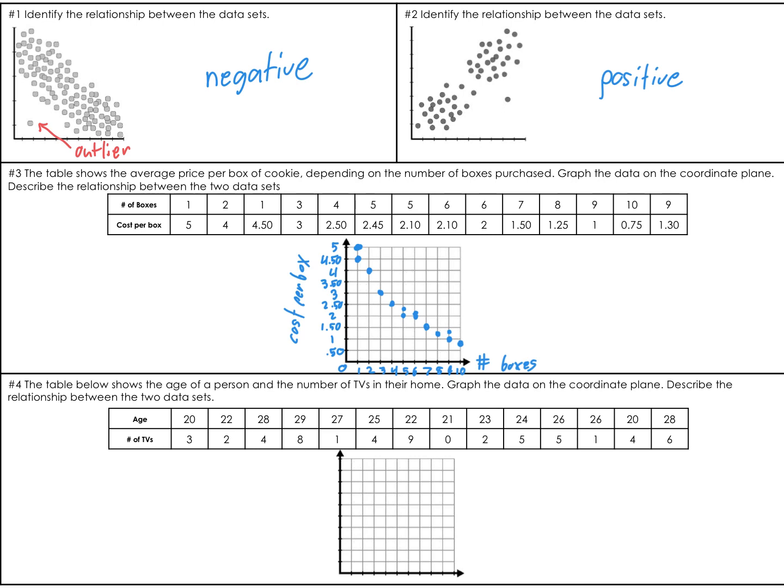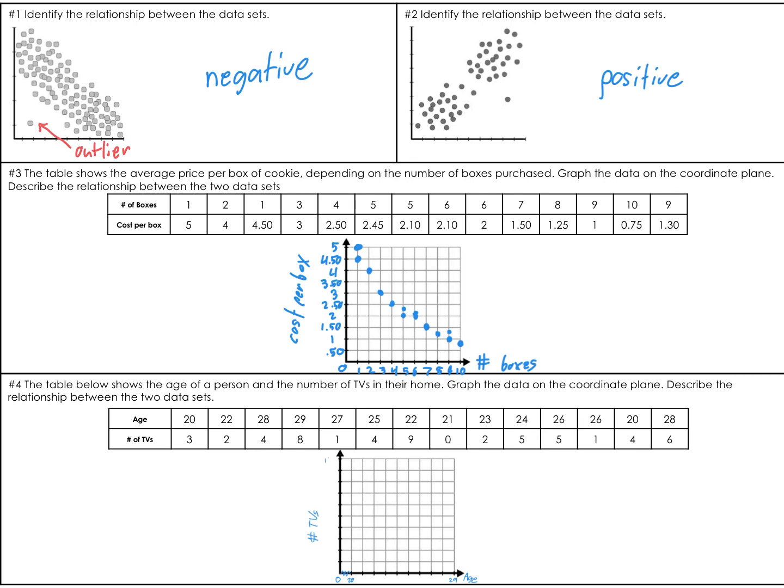We're going to do the same thing for number 4. The table below shows the age of a person and the number of TVs in their home. Graph the data on the coordinate plane, then describe the relationship between the two data sets. Here, our x value is the age, and we want to make sure we go at least to 29. And our y-axis will be our number of TVs, and we want to go to 10.